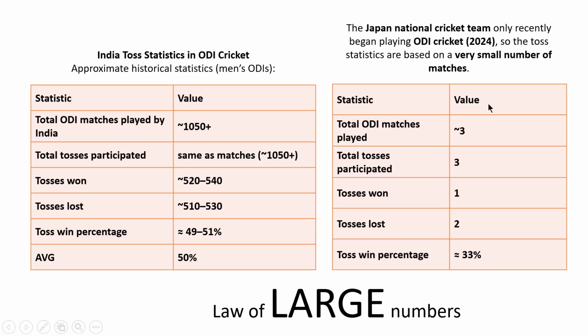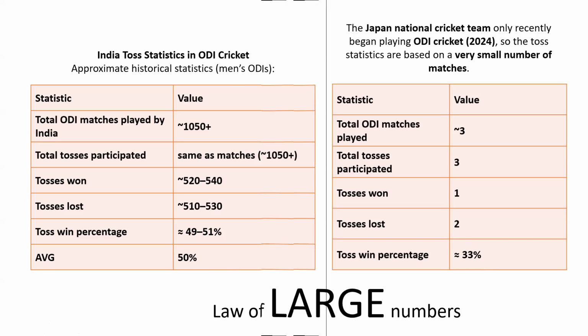If you are tossing a coin, you should be always 50% probable to win or lose, but that comes only when you have a large amount of data. This is called the law of large numbers. The probabilistic or statistical value will only be approached when you have large data samples to be tested.